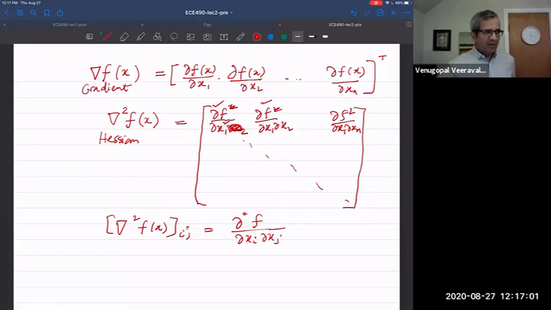Yeah, positive definite or positive semi-definite. So those are the kinds of conditions that will characterize a local minimum or a local maximum. Positive definiteness for local minima and negative definiteness for maxima. We'll talk about those kinds of conditions in the next class.